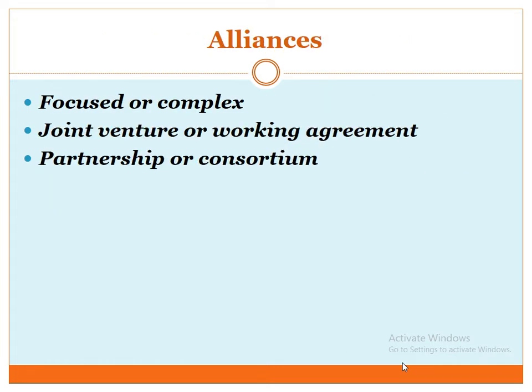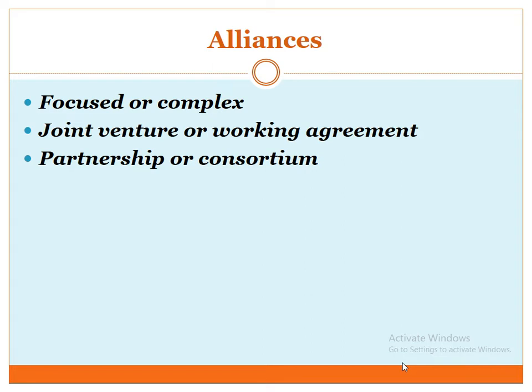Now, what are alliances? There are three key dimensions of alliances. First is focused or complex. A focused alliance has clearly defined aims and is set up under particular specific circumstances.